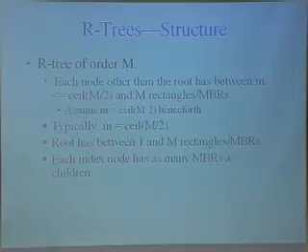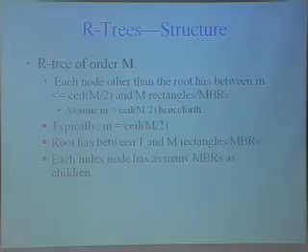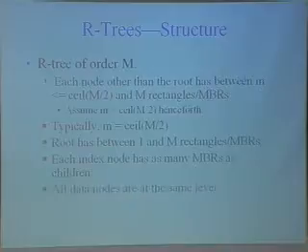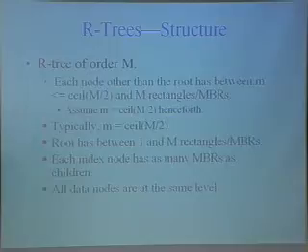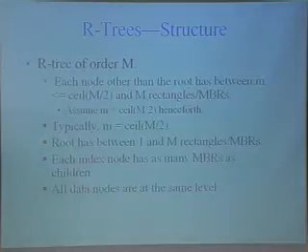So in a B plus tree, the number of data in an index node is 1 less than the number of children, but here the number of rectangles in an index node exactly equals the number of children that the index node has. And then the standard B tree type requirement, all the data nodes or all the leaves are at the same level. All right, so the definition is very similar to that for a B plus tree. There are some minor differences.